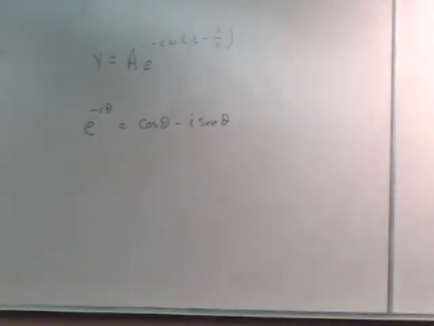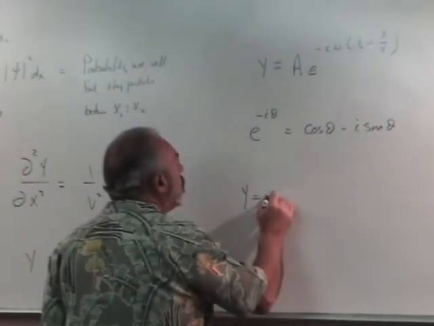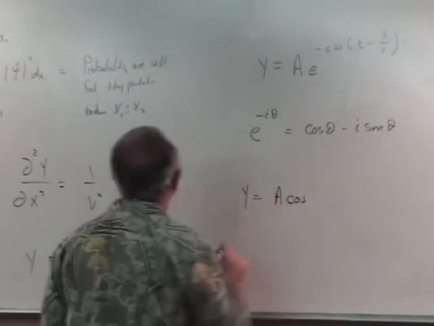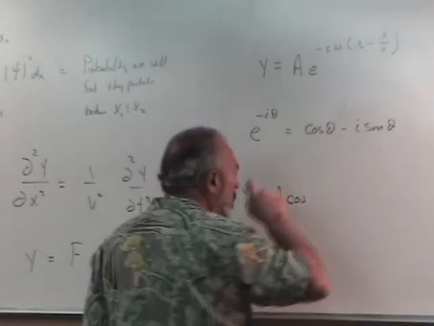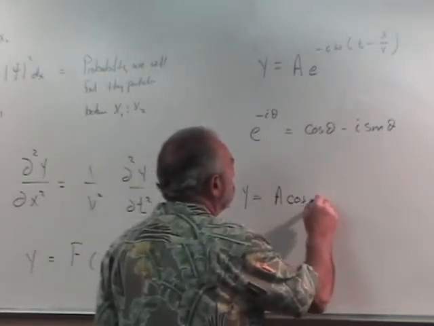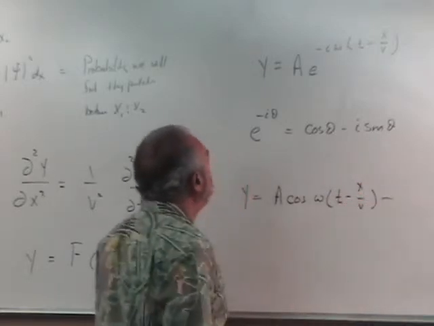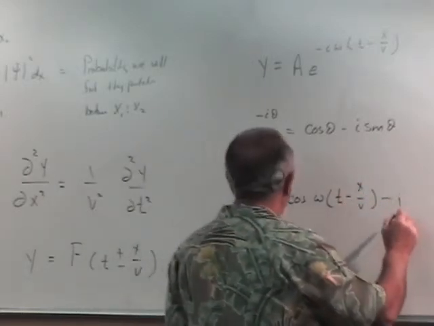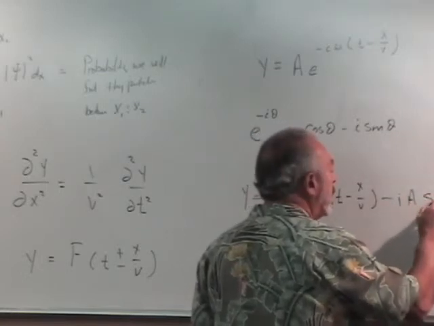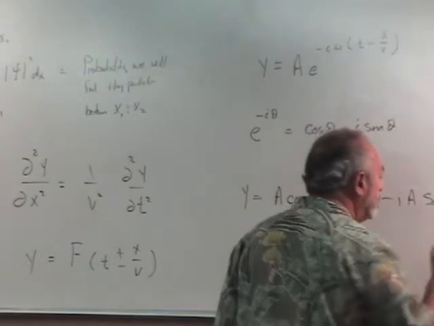All right, so now what we're saying is that the appropriate function that would fit in here would look like this. Y would equal A cosine of just the argument, which is omega times t minus x over v, minus i A sine of the same thing, omega t minus x over v.